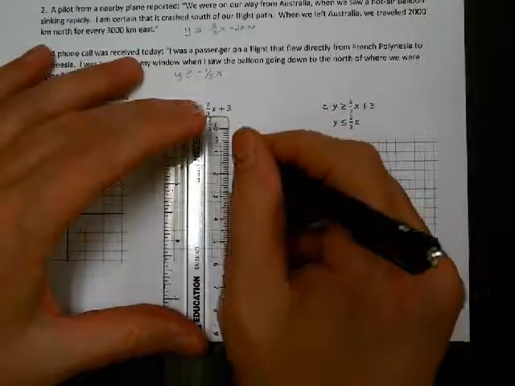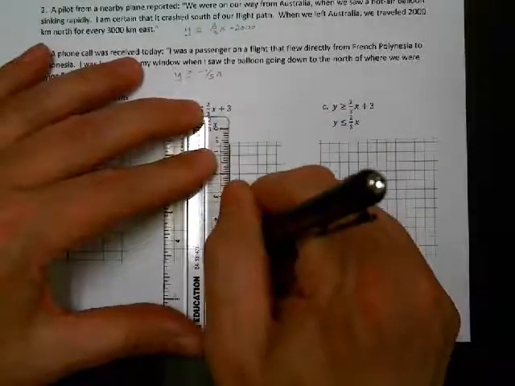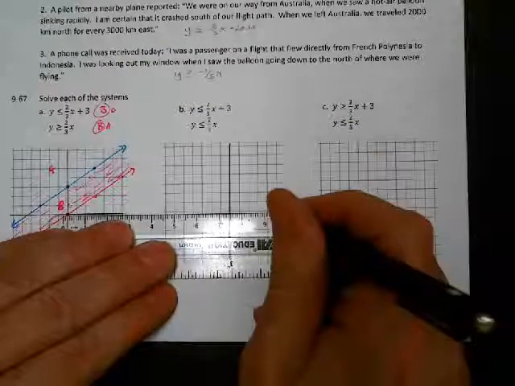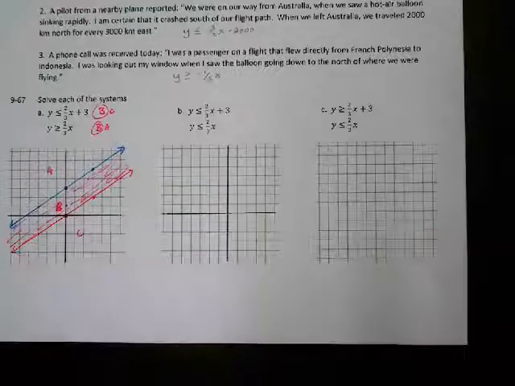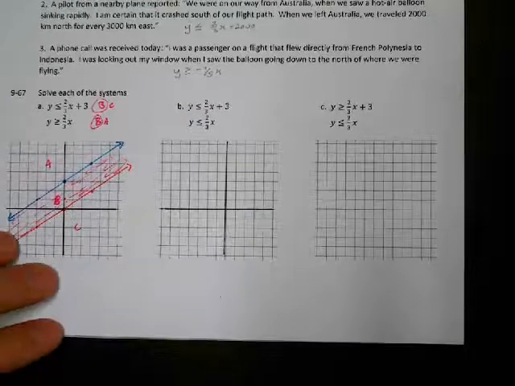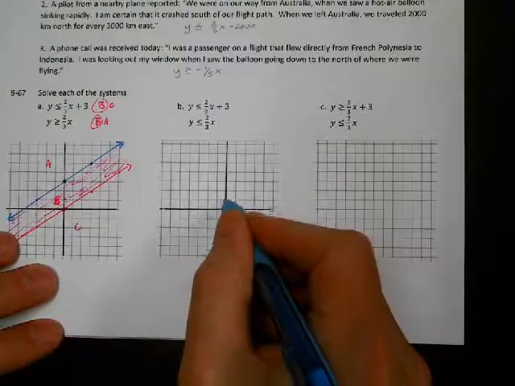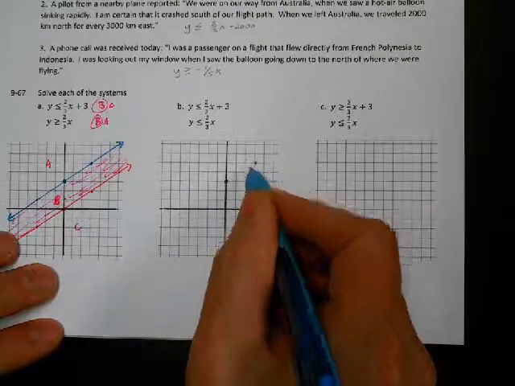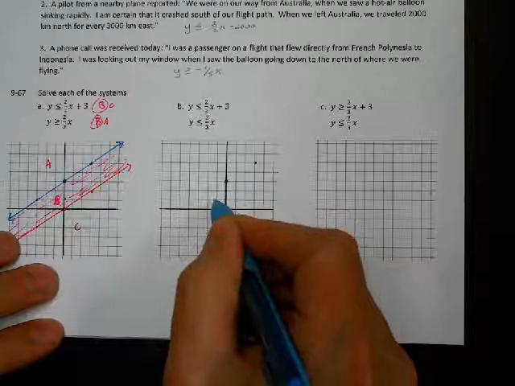Very similar problem. A little bit off there, but who cares? So we're going to go up 3, 1, 2, 3, and we go up 2 and over 3. Or we can go down 2 and backwards, 1, 2, 3. All right, there's our blue one.